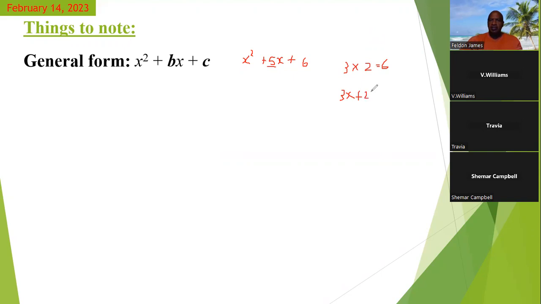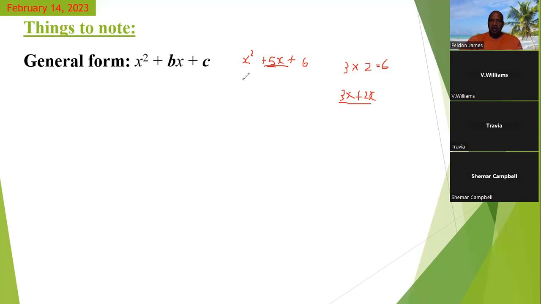We are going to take out this 5x and replace it with 3x plus 2x. And remember, the order in which you have these numbers, the 3 and the 2, doesn't really matter. You could have the 2x first, then the 3x after. It wouldn't make a difference. Taking out the 5x and replacing it with all of this, when we add these two, we still get the same 5x.